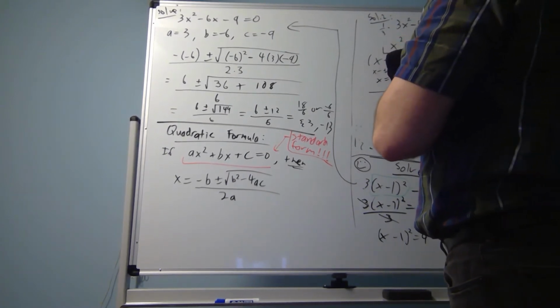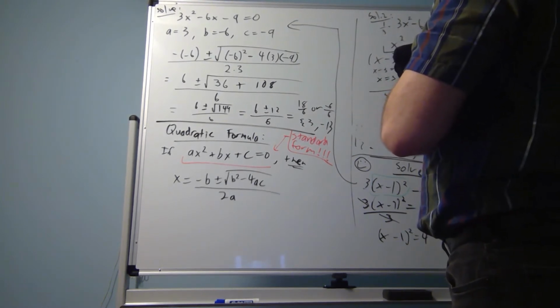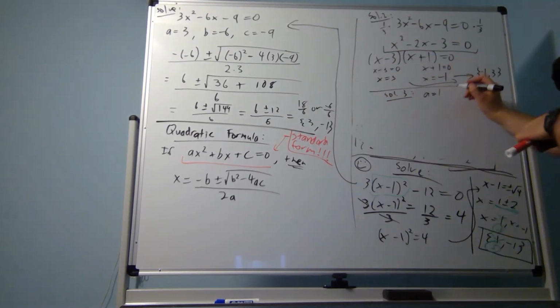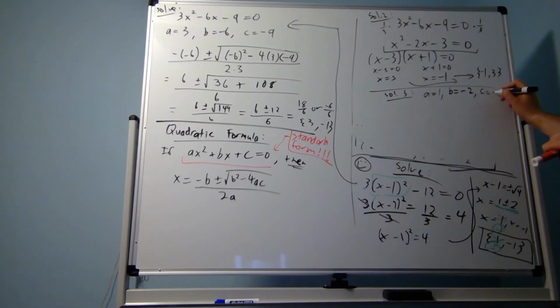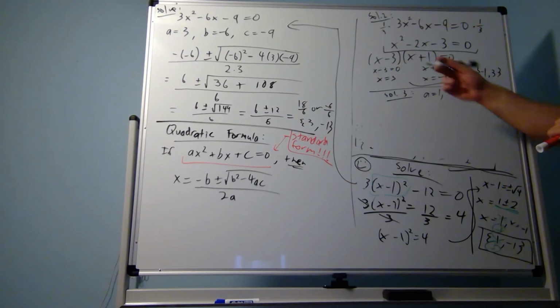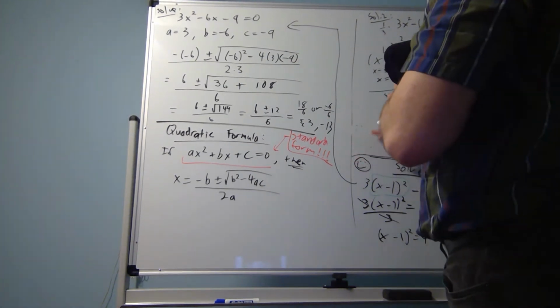Well, solution 3, we take this here, it's in standard form. Let's take a moment to appreciate that. If we divided both sides by 3, it's the quadratic formula again, but all the numbers are smaller, so this should be a lot easier.